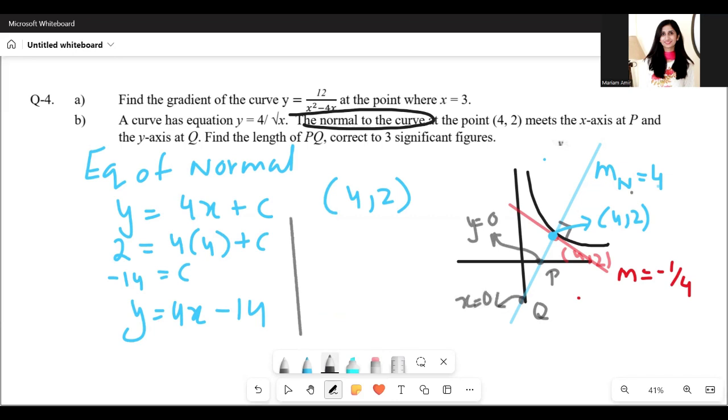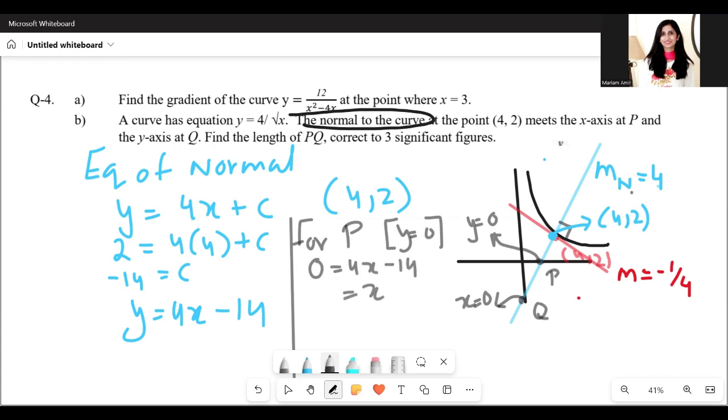So to find P, which is on the x-axis, we will substitute y equals 0. So when we write 0 equals 4x minus 14, it gives us x equals 14 upon 4, which is 3.5 or 7 over 2. So the coordinate of P is 3.5 comma 0.